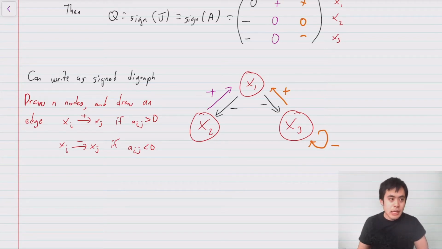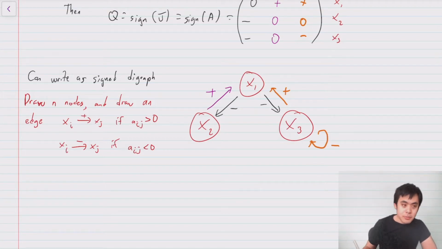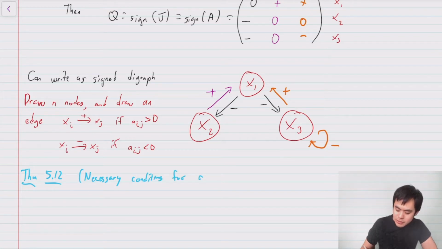Okay, so now that we have all these things, let's go ahead and give a theorem that gives some necessary conditions for qualitative stability based on these matrix entries, and we can rephrase it in terms of this signed digraph. So these are necessary conditions for qualitative stability.